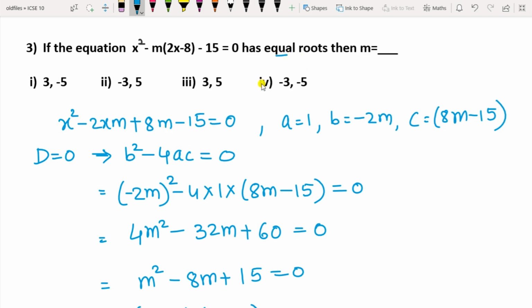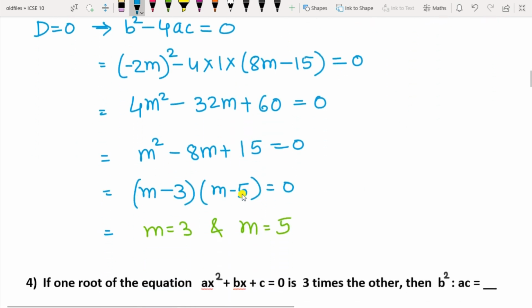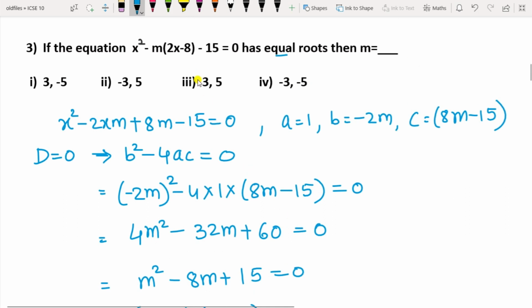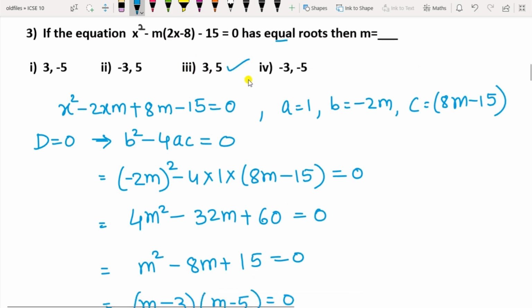So as the roots are equal here, therefore d equal to 0 and b square minus 4ac equal to 0. Substitute all the values of b, a, c, and here you get the quadratic equation. Therefore by solving it, the value of m is 3 and m is 5. So plus 3 and plus 5. Option 3 here, it is the correct option.